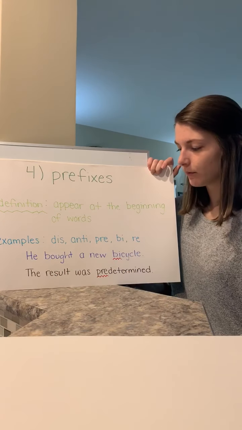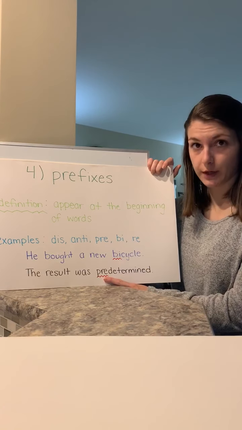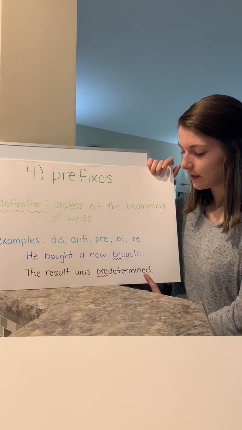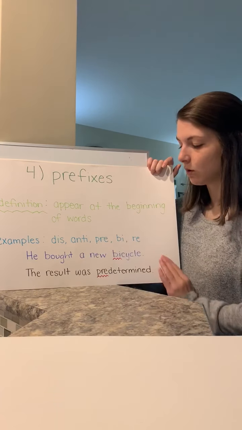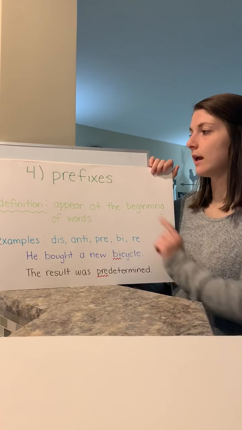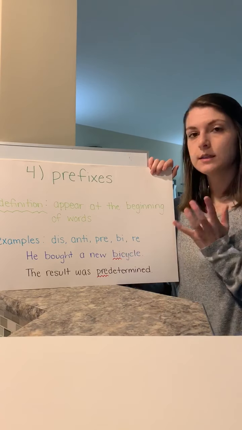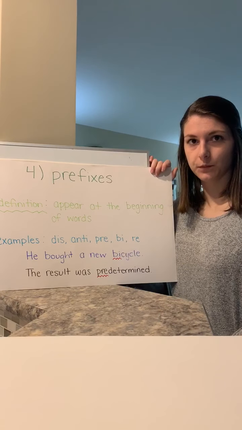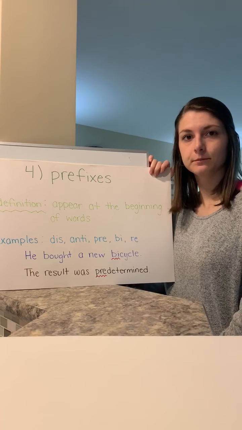The next example, the result was predetermined. So the prefix is pre, and this is telling us that it was already determined before, right? The result was already determined before, okay? So once again, prefixes appear at the beginning of the words to kind of change its meaning a little bit. So you can pause here if you need to catch up with the notes, and then we'll move on.